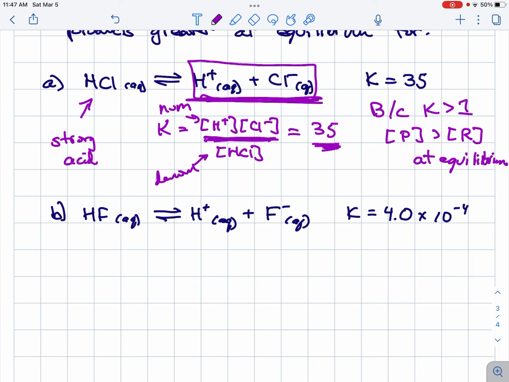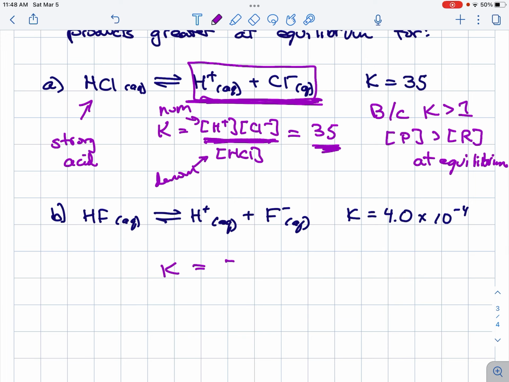All right, so HF, remember first semester is a weak acid, so we would expect it's mostly going to be in the HF form, not the H plus and the F minus form, but let's do this using our equilibrium understanding now. So K equals H plus times F minus over HF, and that's all equal to 4.0 times 10 to the minus 4. So that is a number that's a lot smaller than 1.